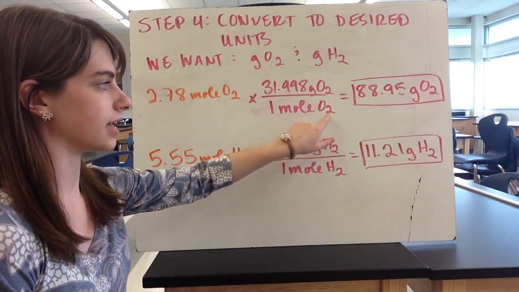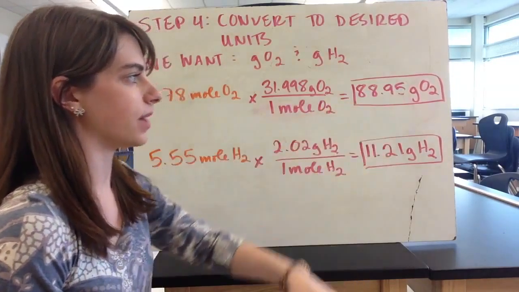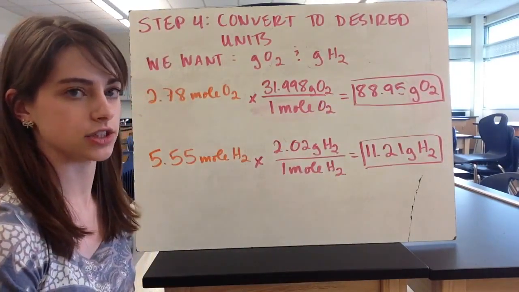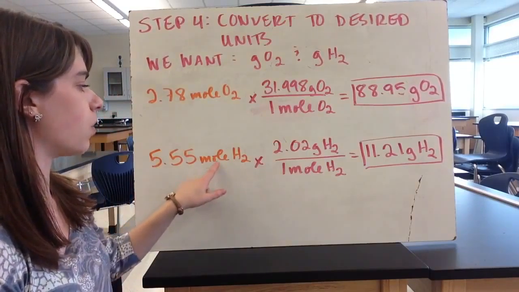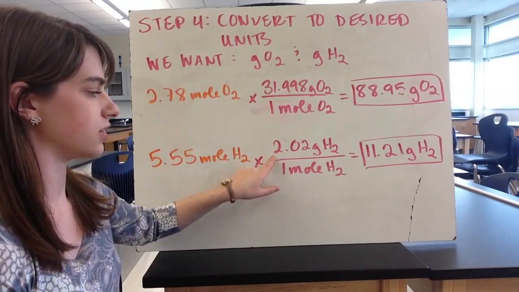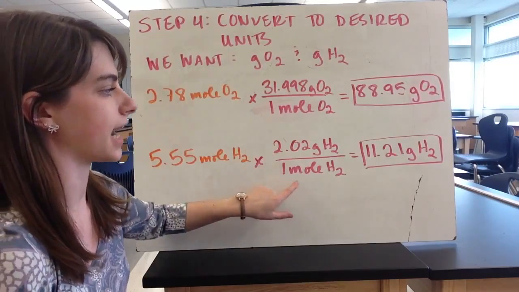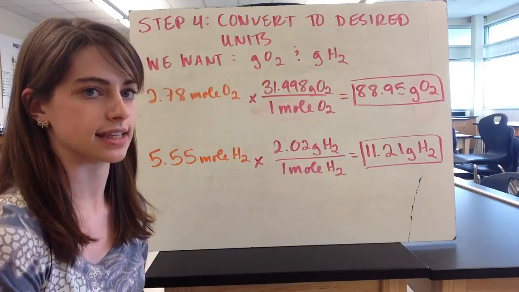It's O2, don't forget it's diatomic, so there are 2 oxygens. We end up with 888.95 grams of oxygen gas. If we do hydrogen, we have 55.55 moles of hydrogen gas. There are only 2.02 grams of hydrogen to every 1 mole of hydrogen gas. And we end up with 112.21 grams of hydrogen gas at the end.